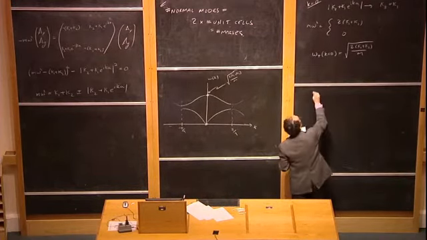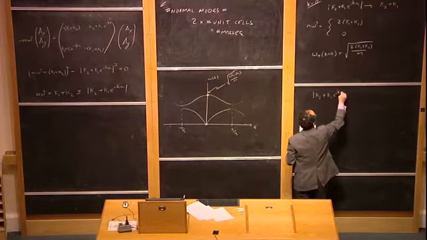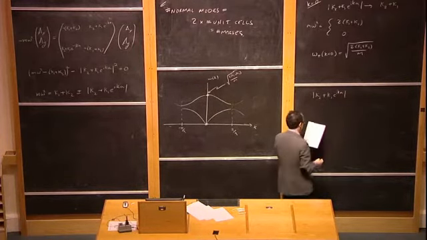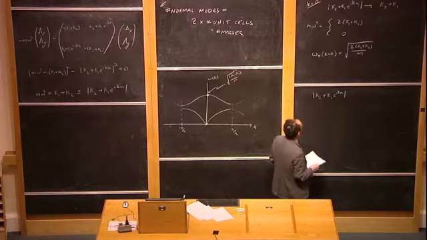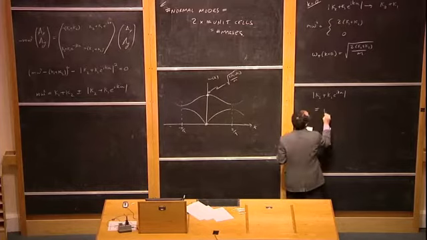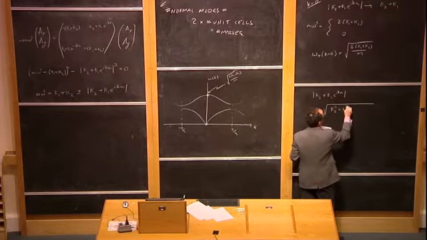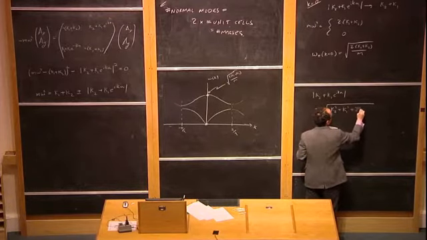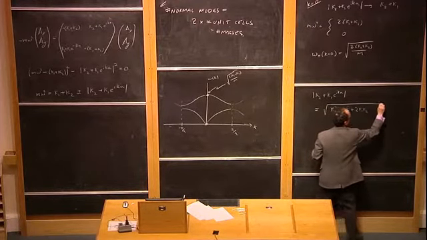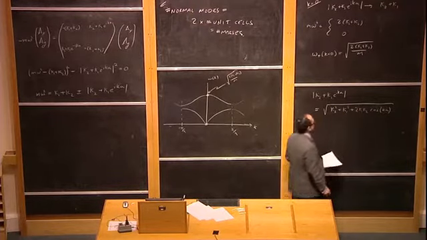So let's take the absolute value of kappa 2 plus kappa 1 e to the i k a. That quantity there can be written as the square root of kappa 2 squared plus kappa 1 squared plus 2 kappa 1 kappa 2 cosine of ka. Right, just by multiplying that out.